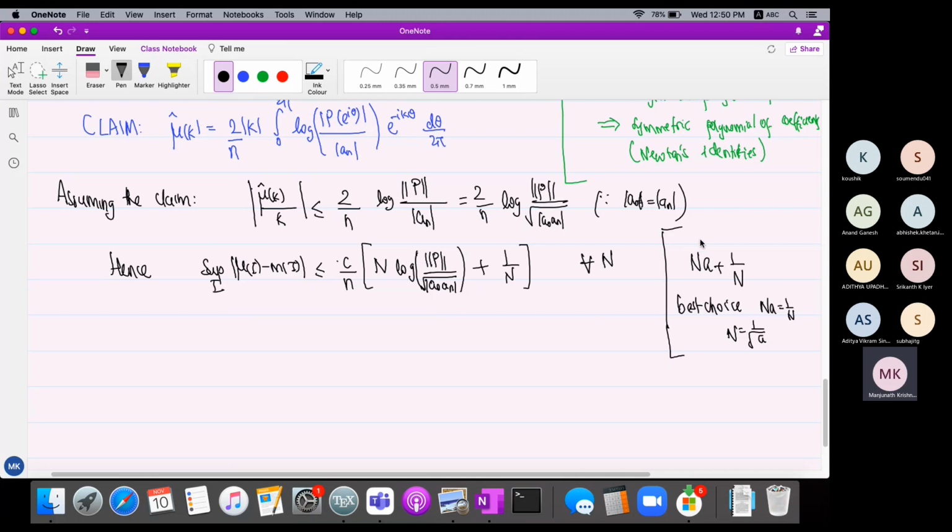Okay, here my a is this quantity log of norm p over square root a_0 a_n. So I will leave the optimization to you, but I choose n like this, 1 by square root of log norm p over square root a_0 a_n, or nearest integer to that.